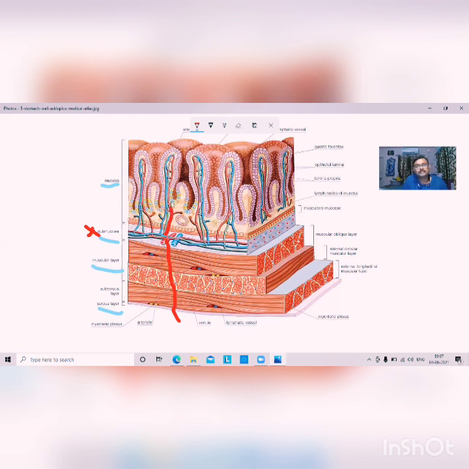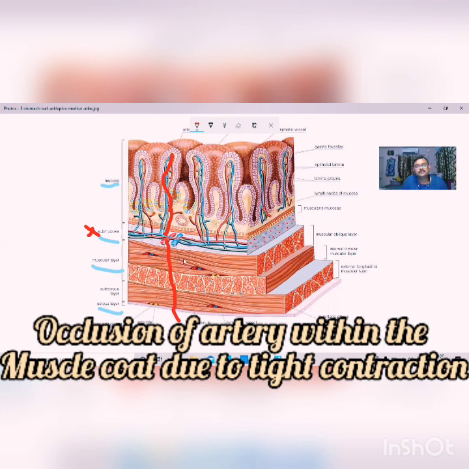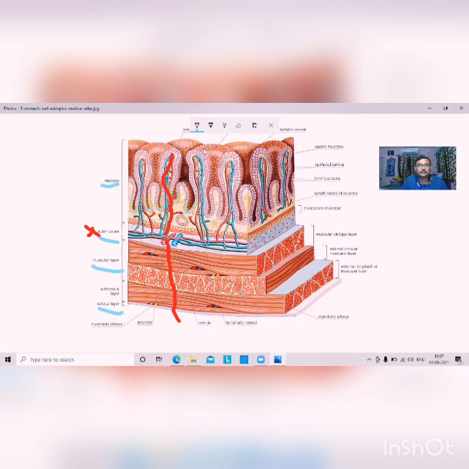As it reaches directly to the subepithelial layer, there is always a chance of necrosis if there is any constriction during its course. That is why the lesser curvature of the stomach is more prone to peptic ulcer disease.